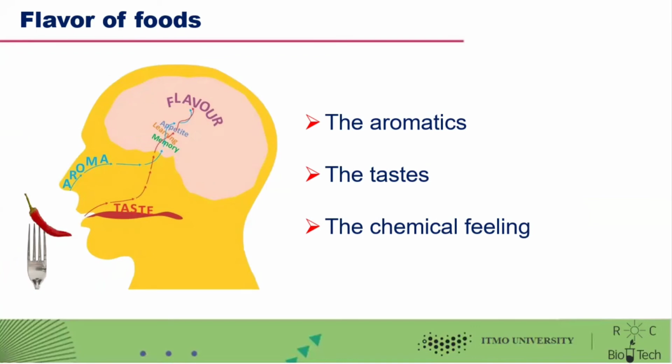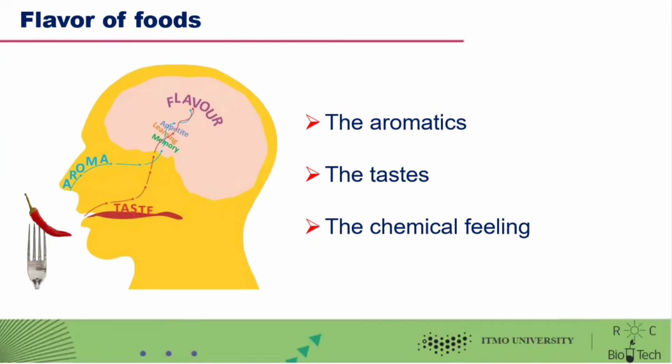Flavor includes the aromatics, that is olfactory perceptions caused by volatile substances released from a product in the mouth. The taste, that is gustatory perceptions caused by soluble substances in the mouth. The chemical feeling factors that stimulate nerve ends in the soft membranes of the buccal and nasal cavities.